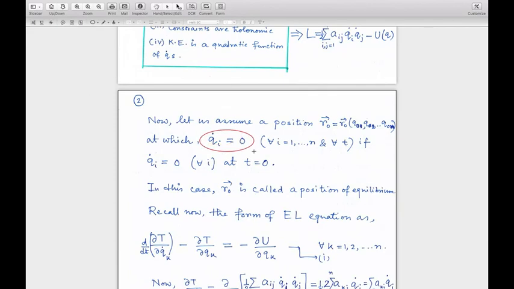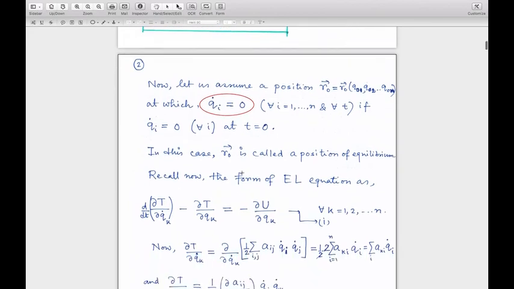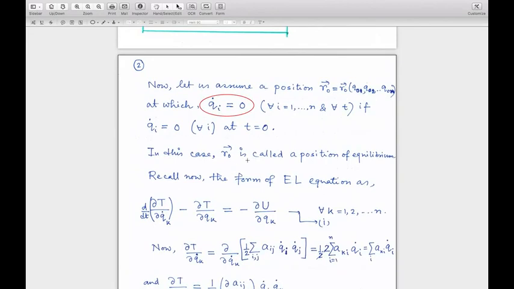Okay, I should not say ith component because I cannot always write a generalized velocity vector like that, but it's just one of the generalized velocities. So the ith generalized velocity is 0 for all i and for all t if we pre-assign that its initial generalized velocity is 0. If we have this condition, then r0 is called a position of equilibrium.